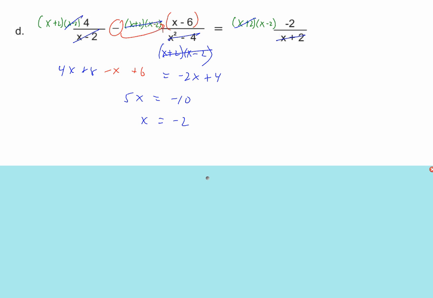4x, 8. Negative x plus 6. Negative 2x plus 4. Add the 2, 6. Everybody good with that? All right. And can x be a negative 2? Can x be a negative 2?